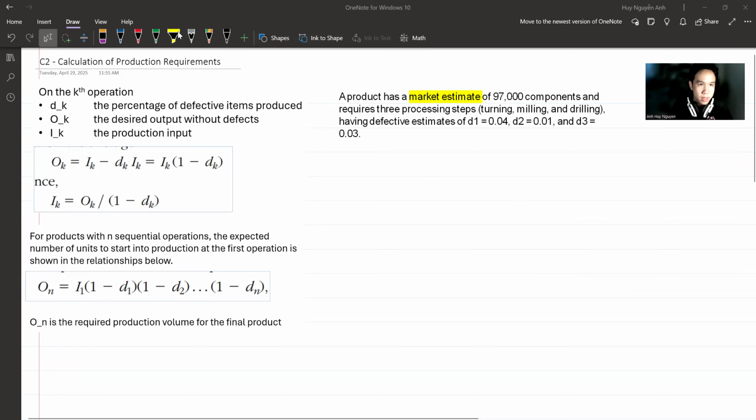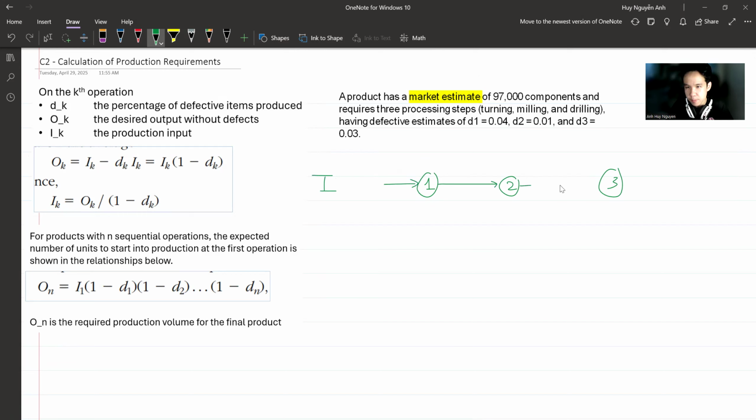Okay, here is the formula, and here is the information given. Let me draw a diagram so that you can see easily. Step 1, step 2, step 3, the input. We have the final product, which is 97,000 components.